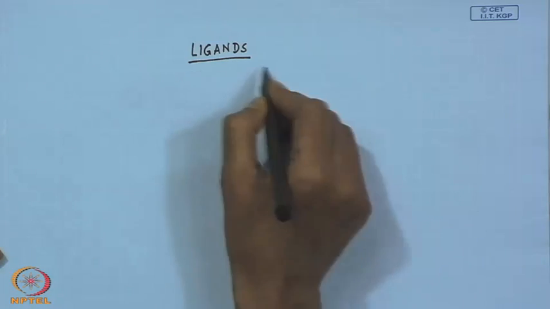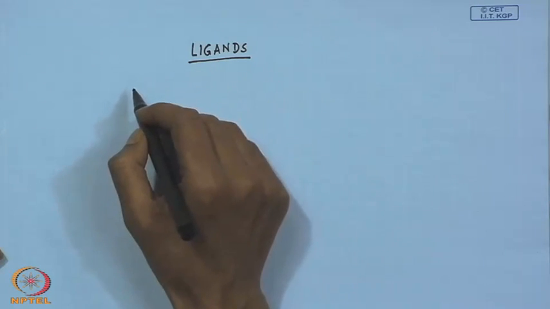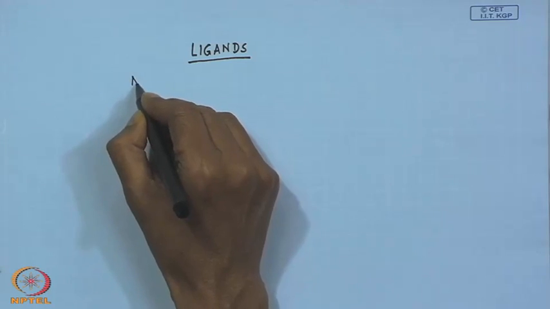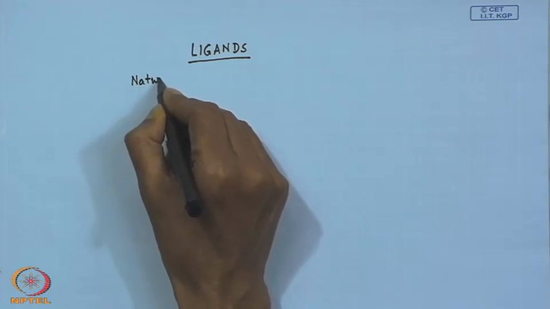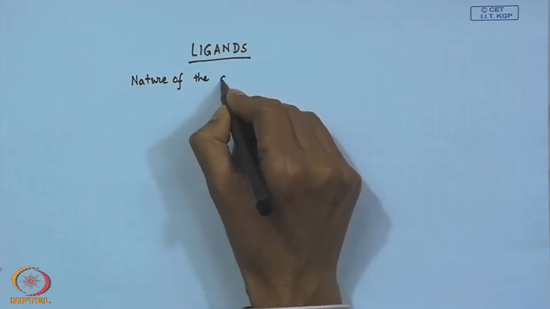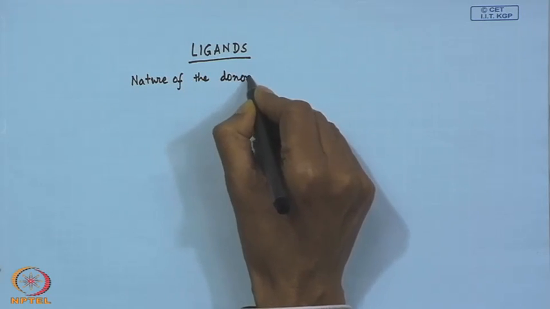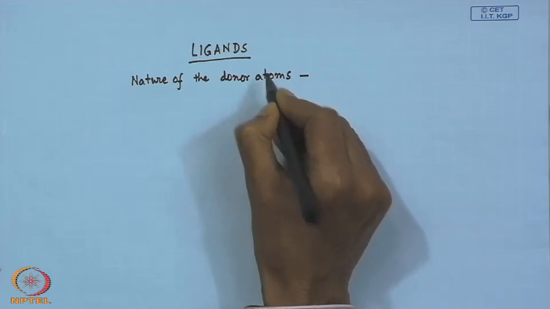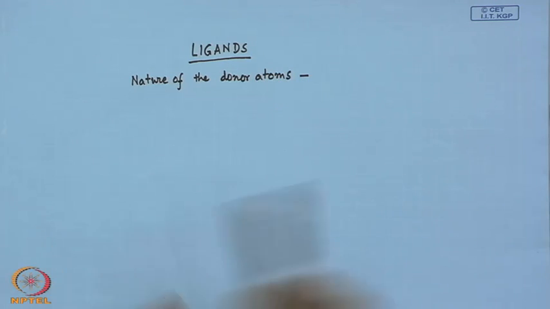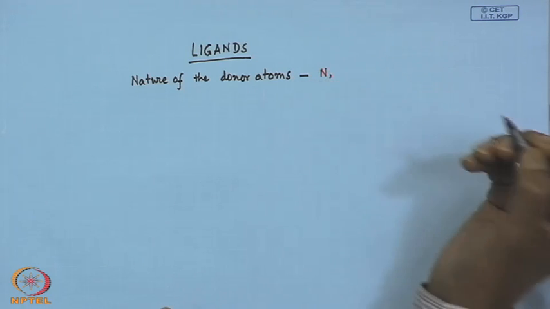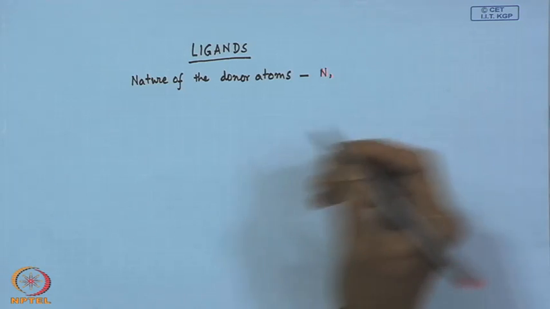Now, we will see that these ligands can be further classified in terms of the nature of the donor atoms, which is very important. So, we can have these nitrogen based donor atoms.